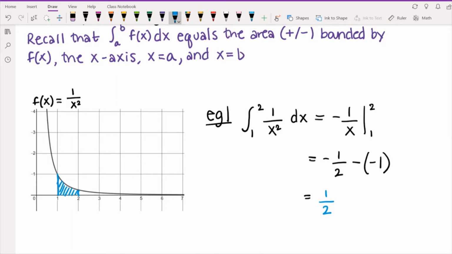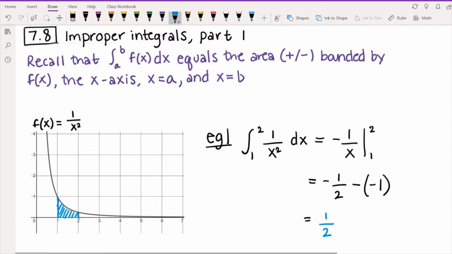So one thing that I mentioned, I think, that we don't really talk about, but that is going to become important now, is that whenever we're talking about the fundamental theorem of calculus and we're evaluating integrals, we're talking about a and b as finite numbers, meaning that neither of them is infinity.